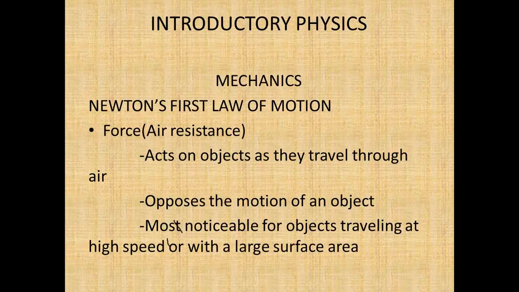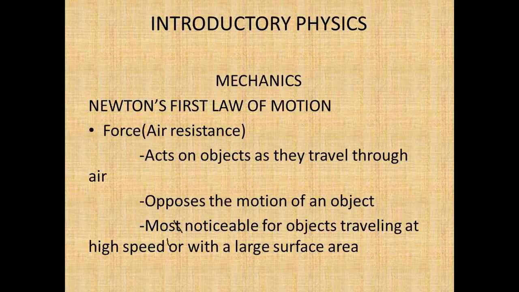Okay, and later on we'll describe something called drag. What is drag? So again, air resistance opposes the motion of an object. It's most noticeable for objects traveling at high speed or with a large surface area.